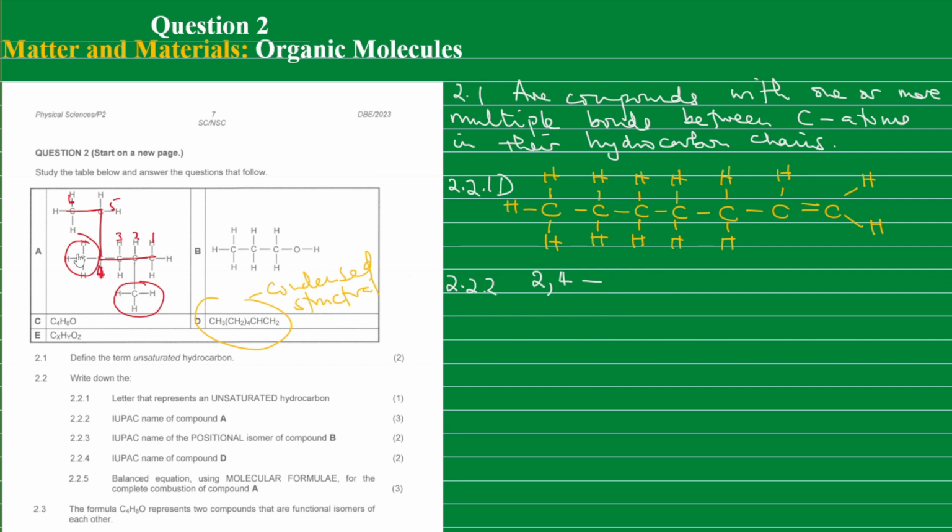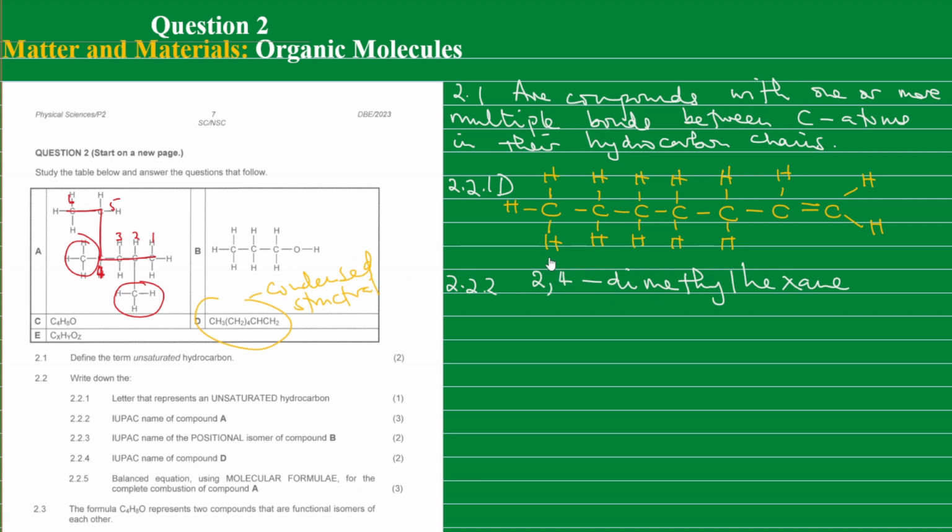What is our word? We've got 2 methyls, so we have to write it as dimethyl. Okay, and this is in a chain of a hexane, so this is hexane. So which means our full name is 2,4-dimethylhexane.